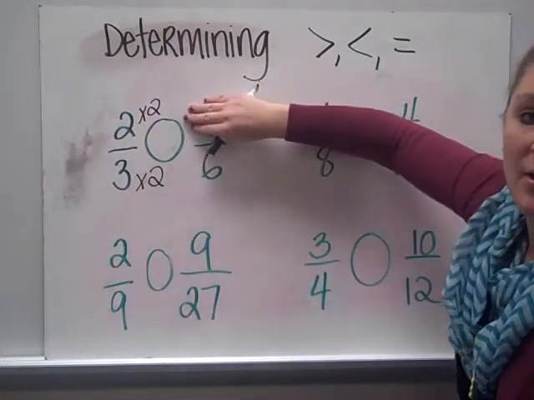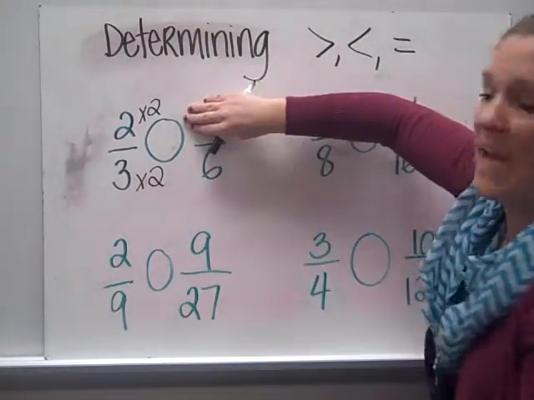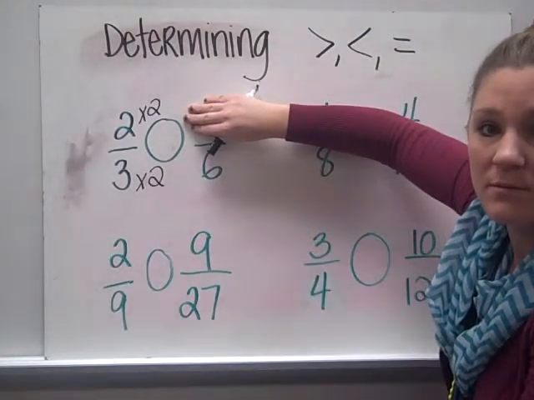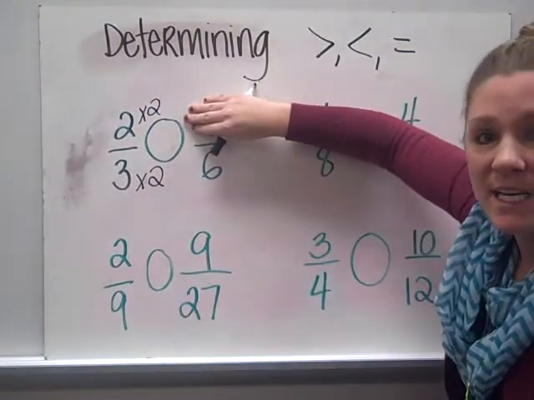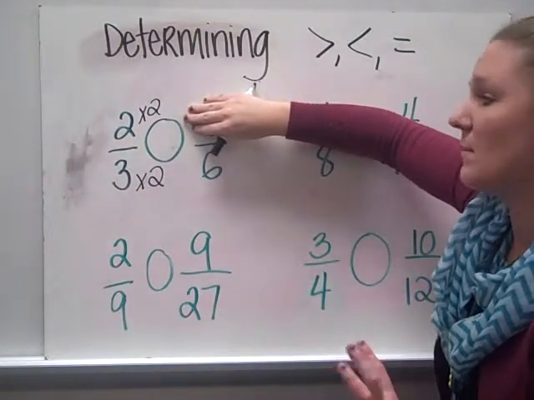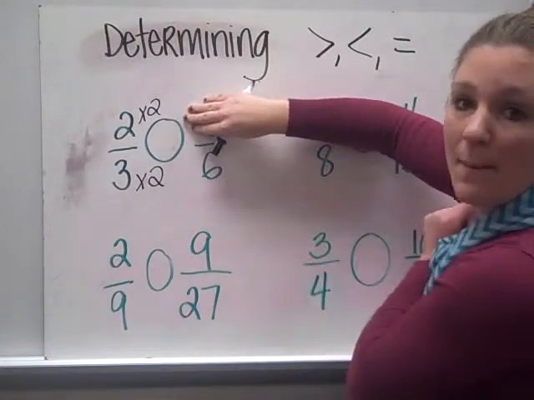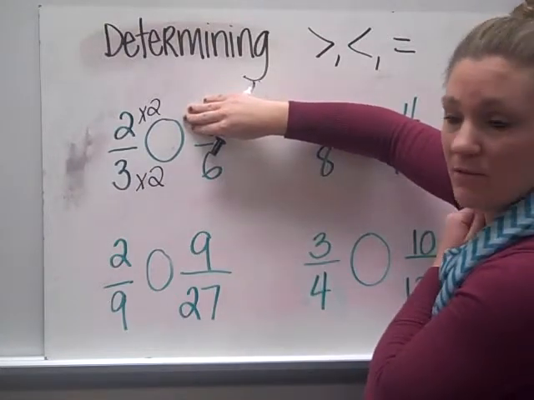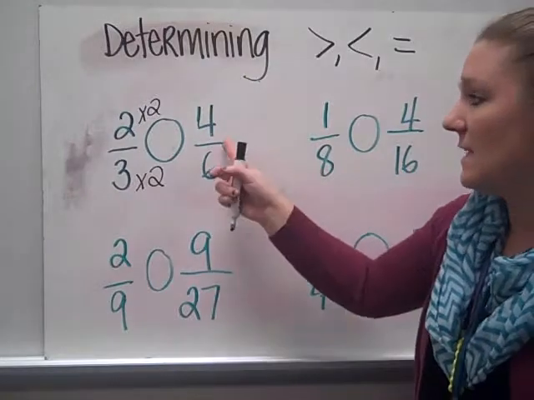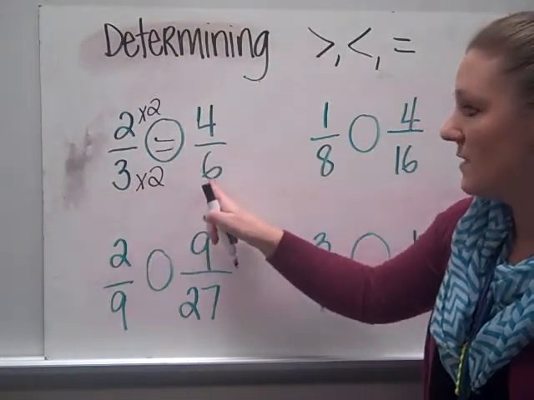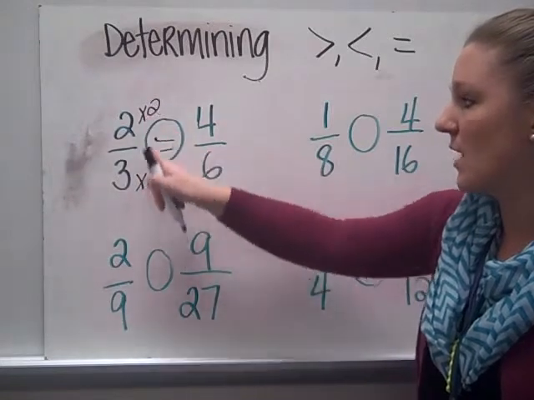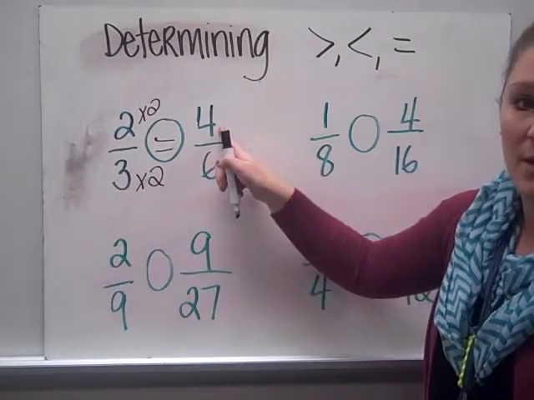Pretend this isn't here. What I need this to say in order for it to be equal is 4, because 2 times 2 is 4. Now, if it doesn't say 4, then I'm going to compare and see, is this number more than 4 or less than 4? Okay? In this case, it is 4, so these are equal, because 3 times 2 is 6, and 2 times 2, which is the common multiplier, is 4. Okay?